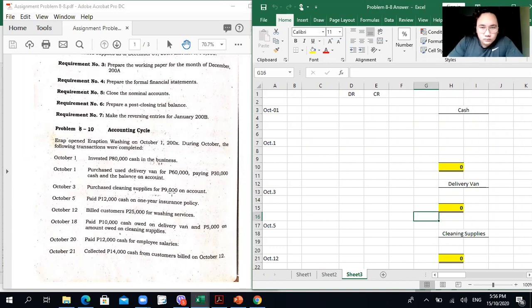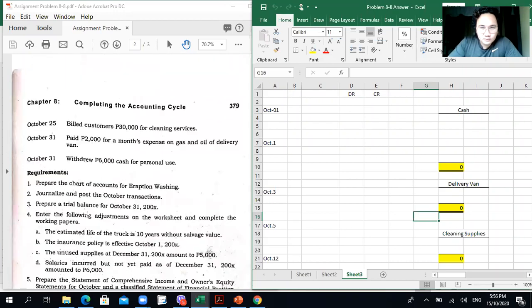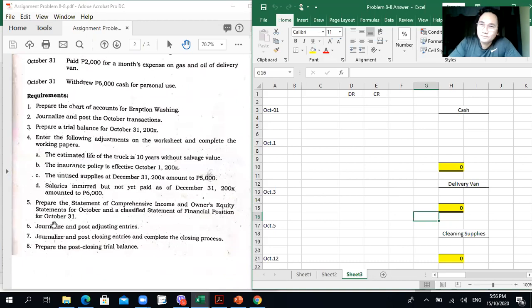All right. I think most of you, especially in the Tuesday or Thursday class, said yes, I want applications of what we discussed. That's why I took one problem in the book of Valencia, so that we can apply everything. As you notice, the requirement here is up to preparation of your FS.